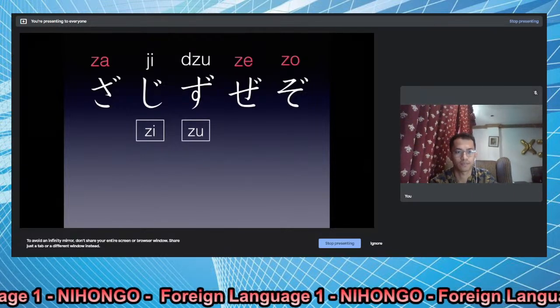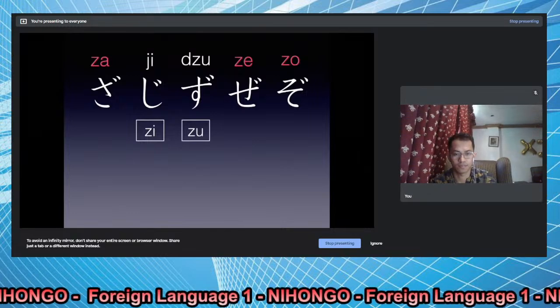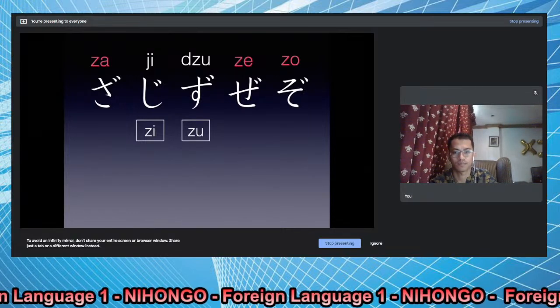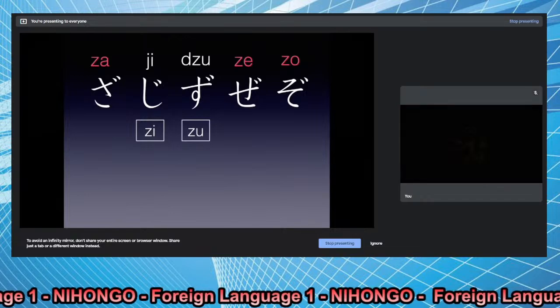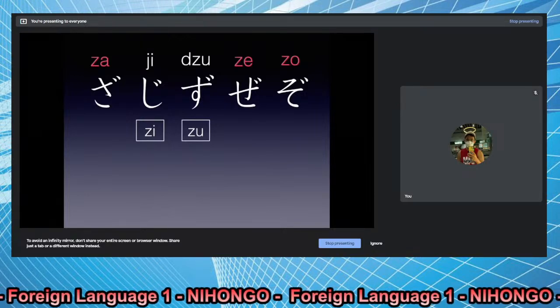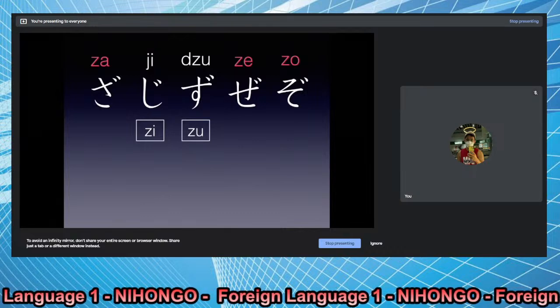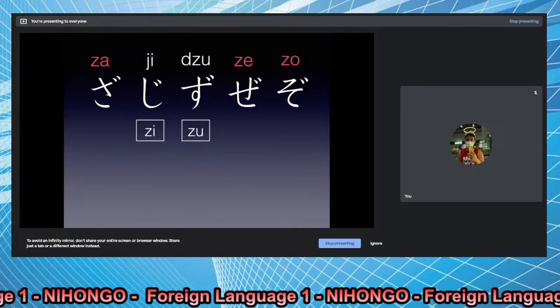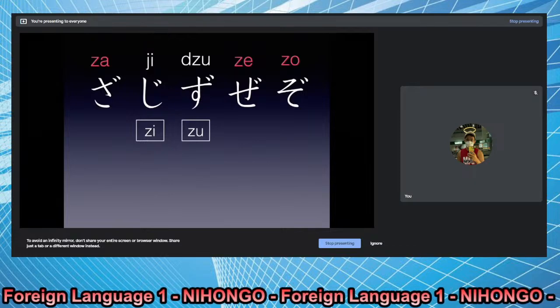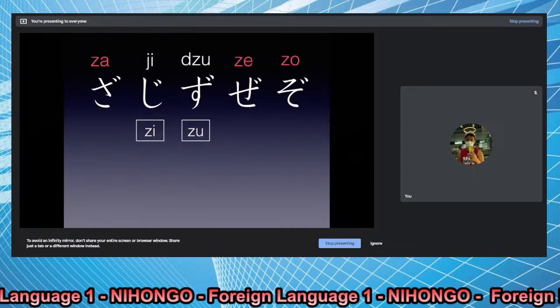So naturally, the English Z and the other Z sounds are very hard for me to produce. I'm sorry if I'm not differentiating the pronunciation clearly. Don't worry about it too much right now, even if you don't hear the difference clearly. I just want you to keep in mind that there are no separate Z sounds in Japanese.